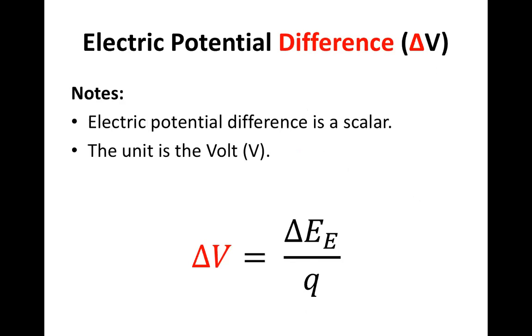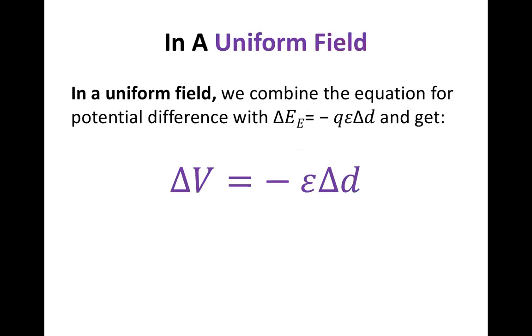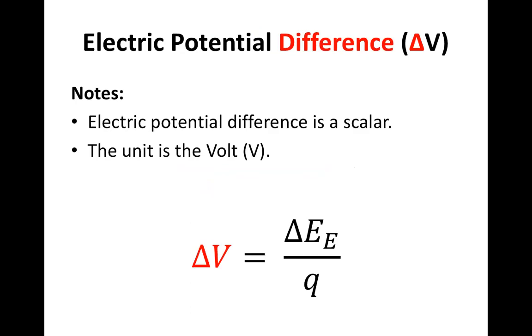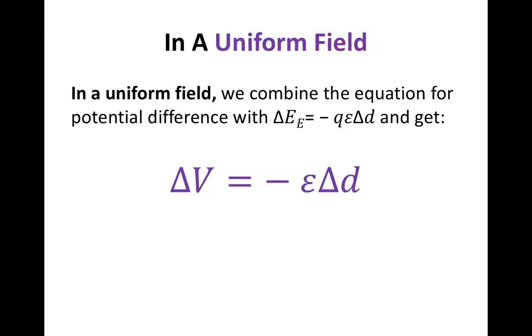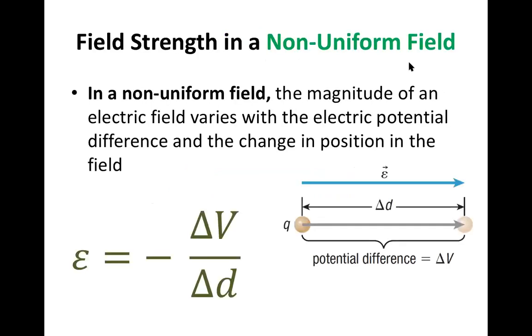And it's also scalar, and its unit is also volt. So for a uniform field, this equation can be combined with this equation to get a new equation: delta V equals negative epsilon delta d. So this is only for a uniform field.